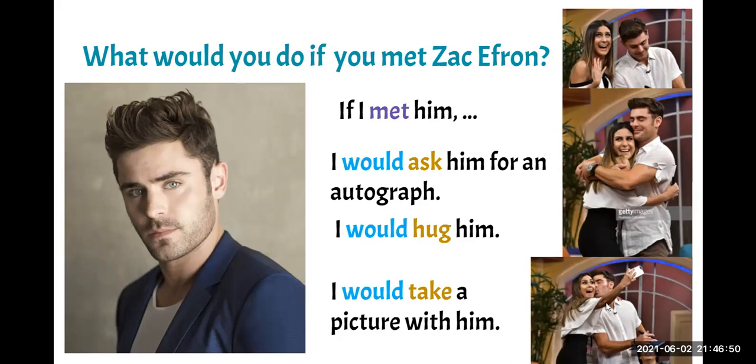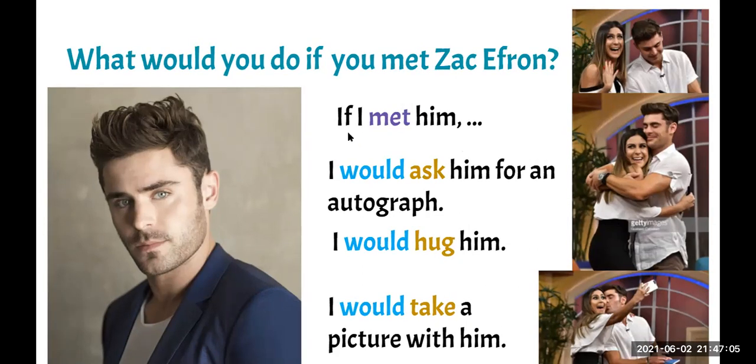So as you can see, we need to follow a certain structure when we are saying this kind of conditional sentence. For example, what do we have here? If I met him, past simple, right? The simple past.